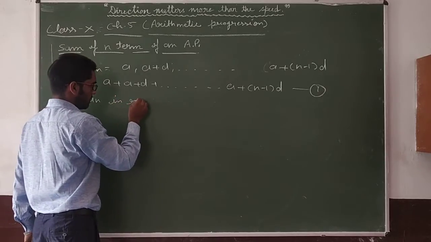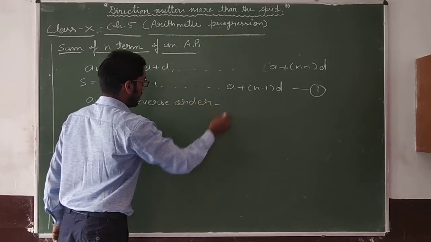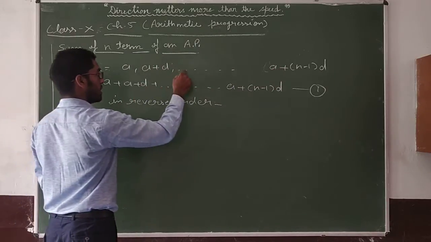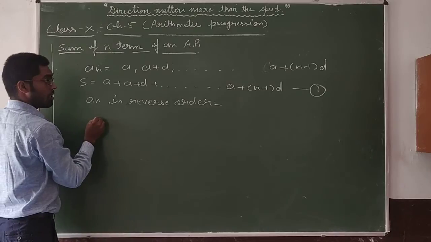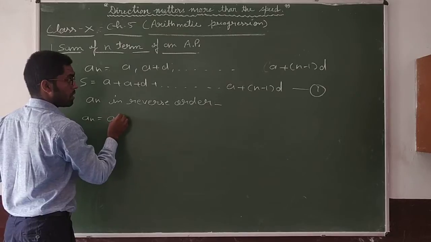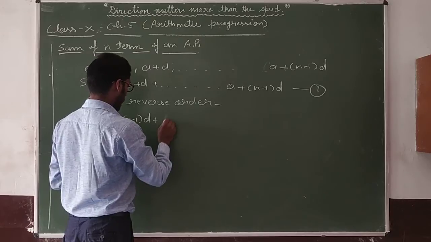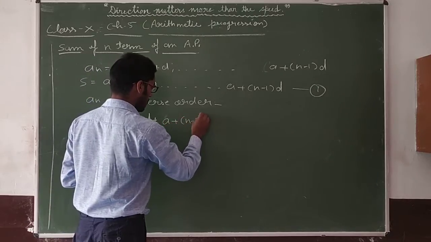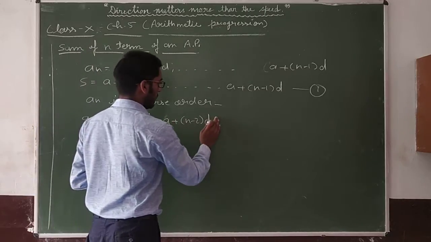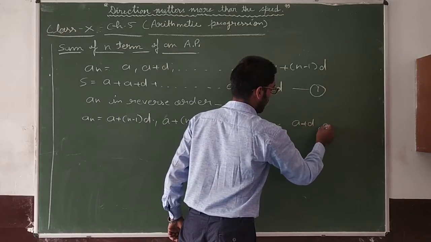You are writing this series in reverse order. That means S = (a + (n - 1)d) + (a + (n - 2)d) + ... + (a + d) + a.